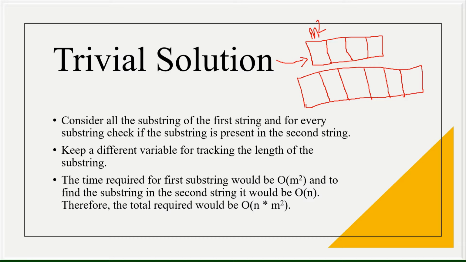Now once it finds a substring, let us consider it as x, y, z, then it will try to find this particular substring in the second array, which can be of length m. Therefore, the total time complexity for both these arrays will be O of n into m square. Now, this is a very large time complexity. Therefore, we cannot consider this solution.